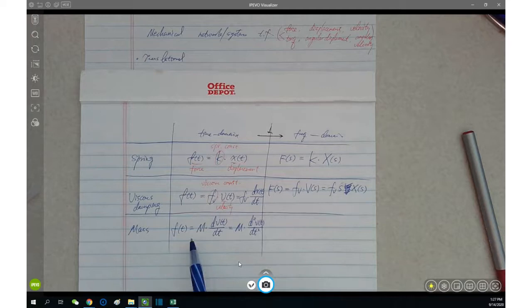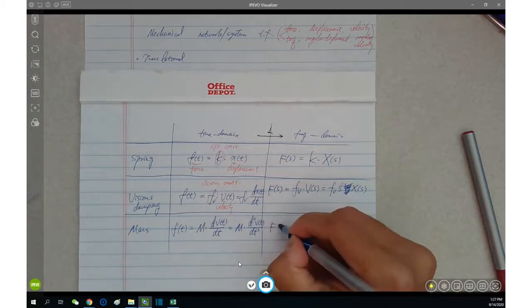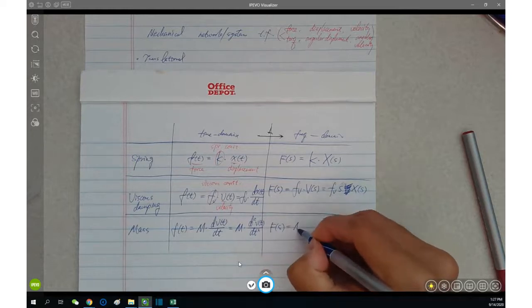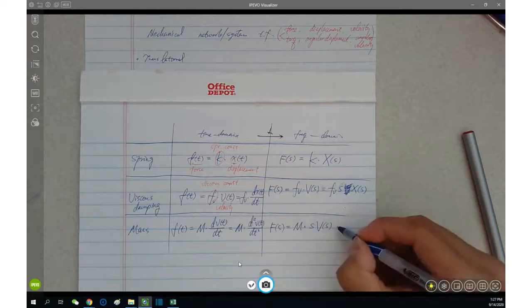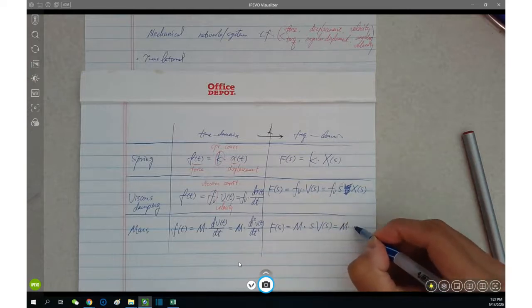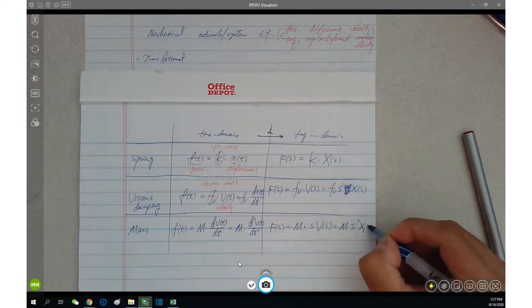This is nothing but Newton's second law. The Laplace transform result equals m times s V of s, and also equals m times s squared X of s.